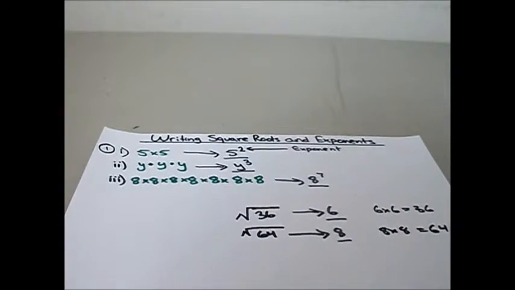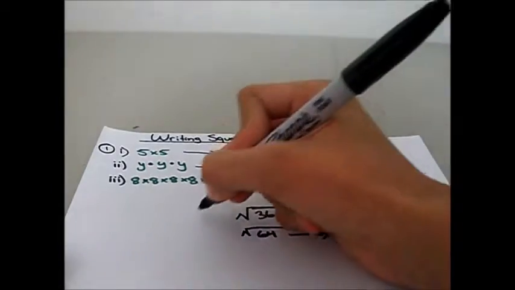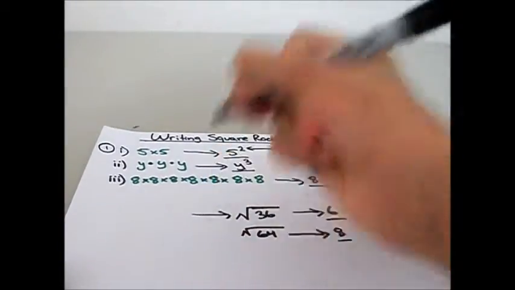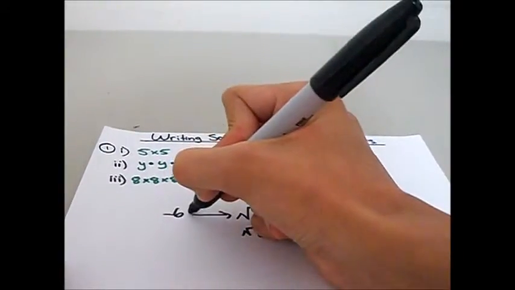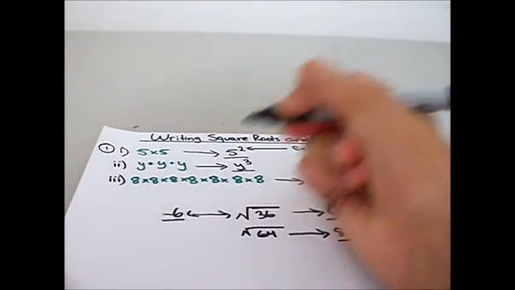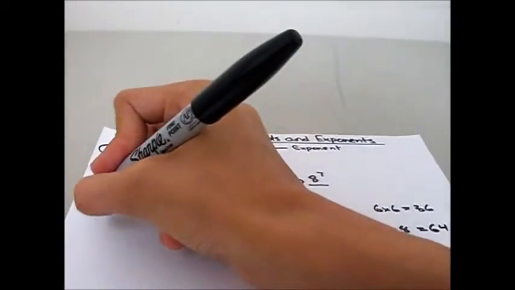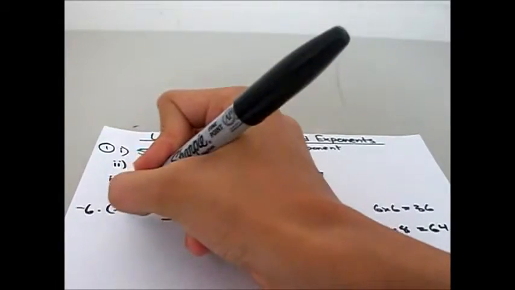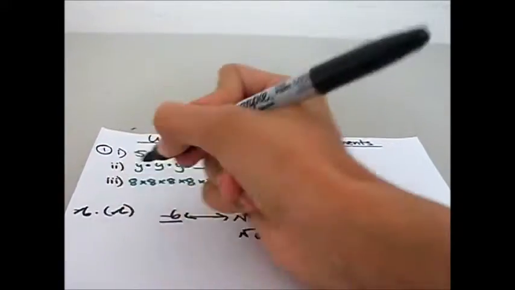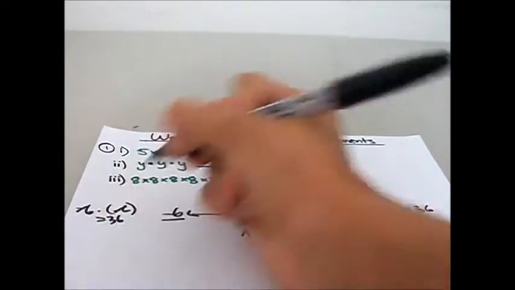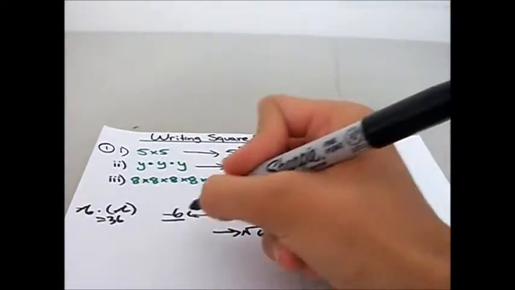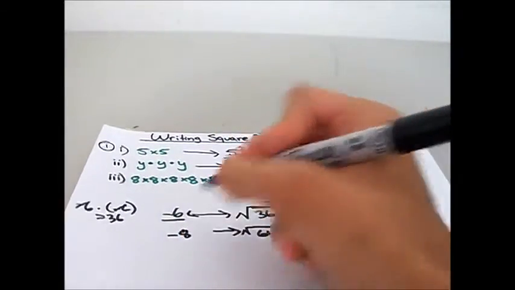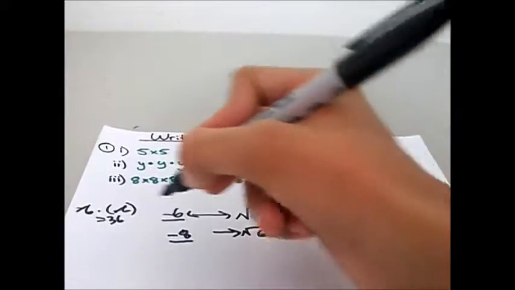Here's the tricky part. The square root of 36 is also equal to negative 6. And why is that? Because when negative 6 is multiplied by negative 6, the negatives cancel out and it gives us 36. Similarly with this, the square root of 64 is also equal to negative 8.